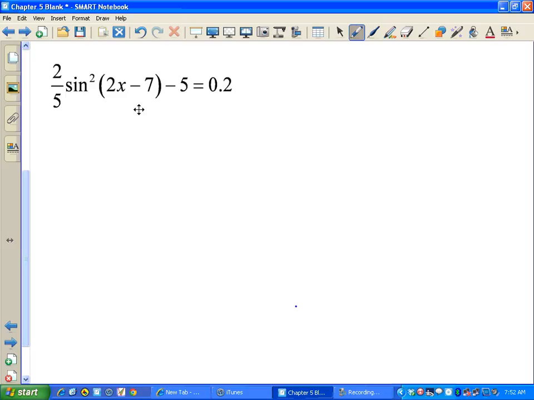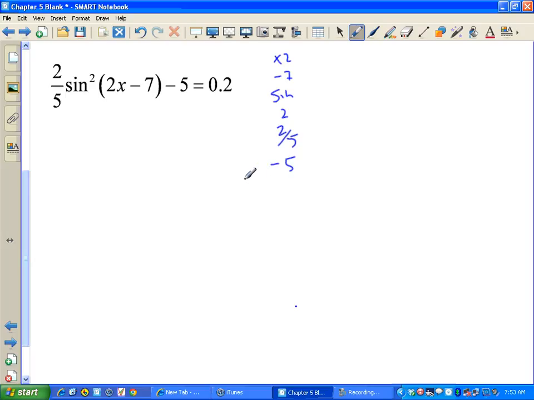So one thing to think about is, if I knew what x was and I were to plug it in here, the first thing I would do is multiply by 2, then I would subtract 7, then I would take the sine of it, and then I would square it, and then I would multiply by 2/5, and then I would subtract 5.